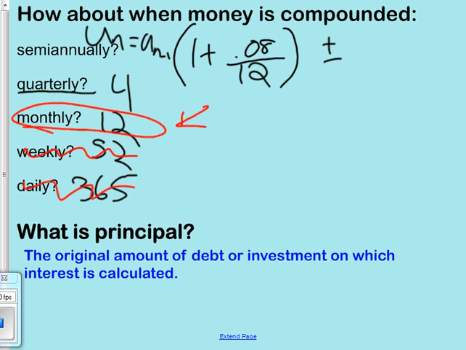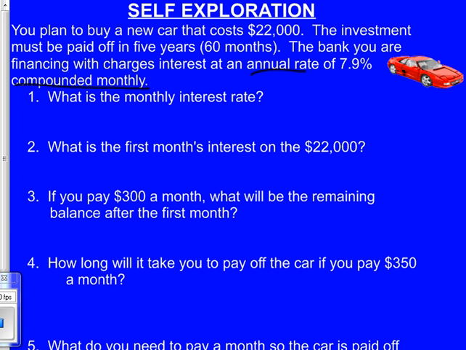So lots of talking there. Let's do an example of it. Let's jump back up to this guy right here. Why doesn't everybody take a second, work on this first problem here, and see what you can get for these first ones.